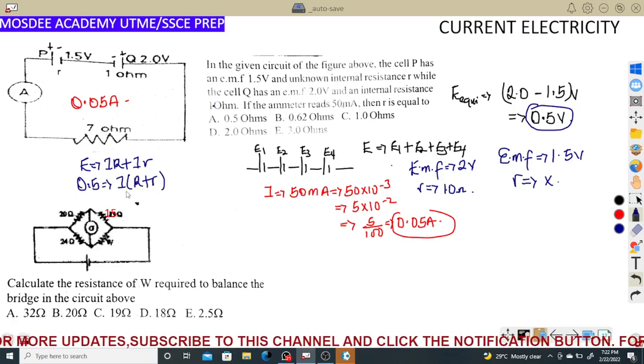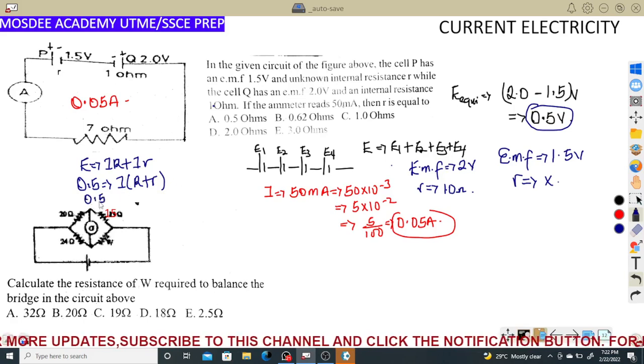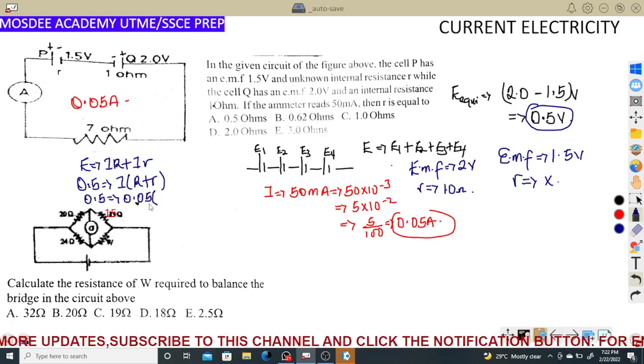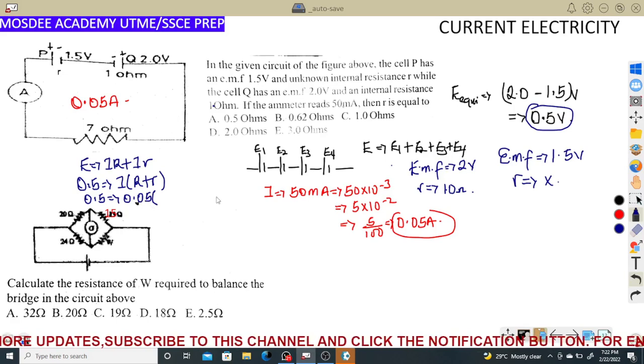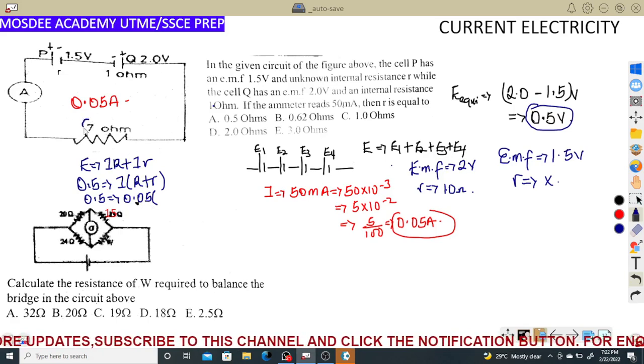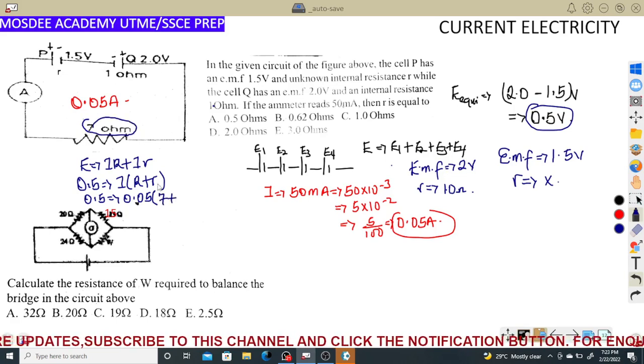The total EMF is 1.5 plus 2, which I have already calculated; the reason behind the subtraction I have explained. Now 0.5 equals 0.05, open bracket, the external resistor is 7, plus the internal resistance.